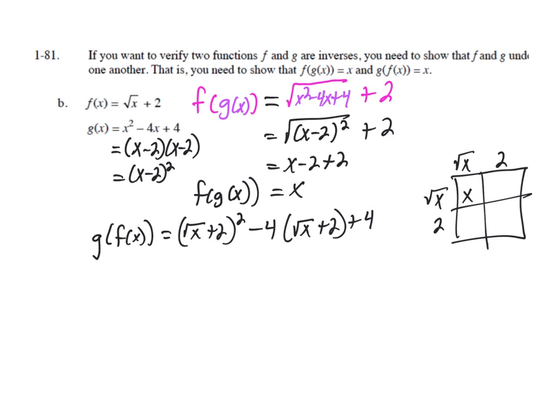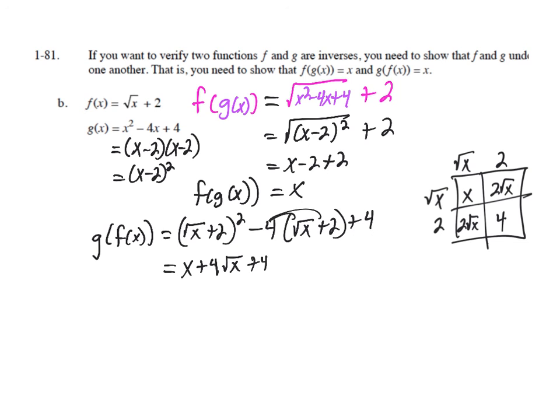That's the square root of x squared, or just x. This is 2 square root x, 2 square root x, and that's 4. So I have x plus 4 square root x plus 4.